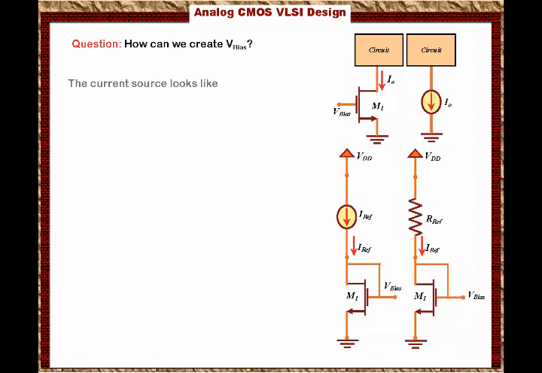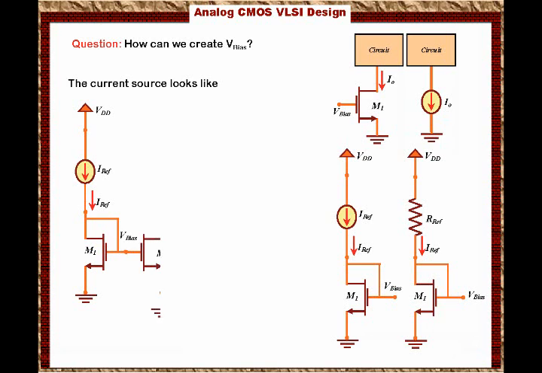Then the overall current source will look like this. I have VDD connected to I reference, which is connected to the diode connected transistor, which gives me V bias. Now V bias is connected to the current source, which is M2, and that is connected to the circuit. You see that?